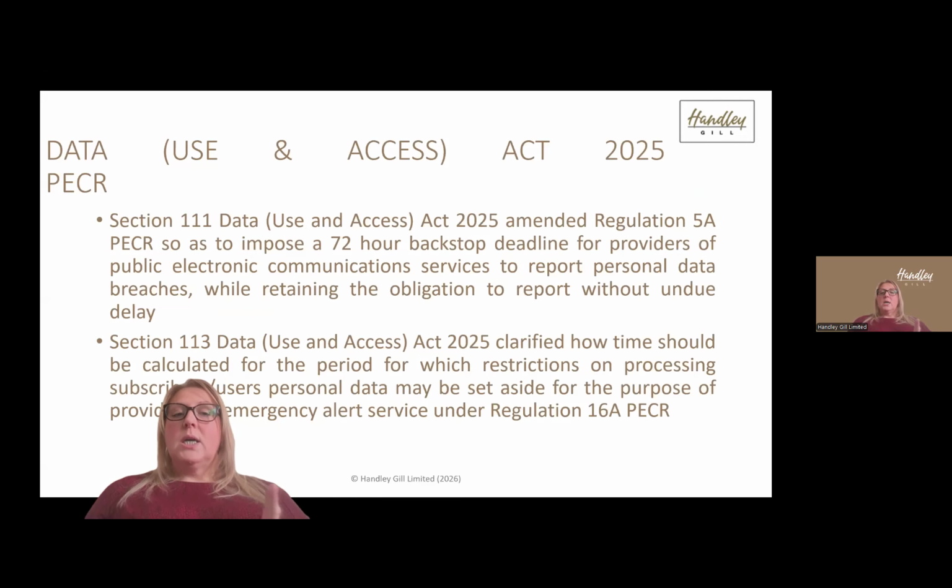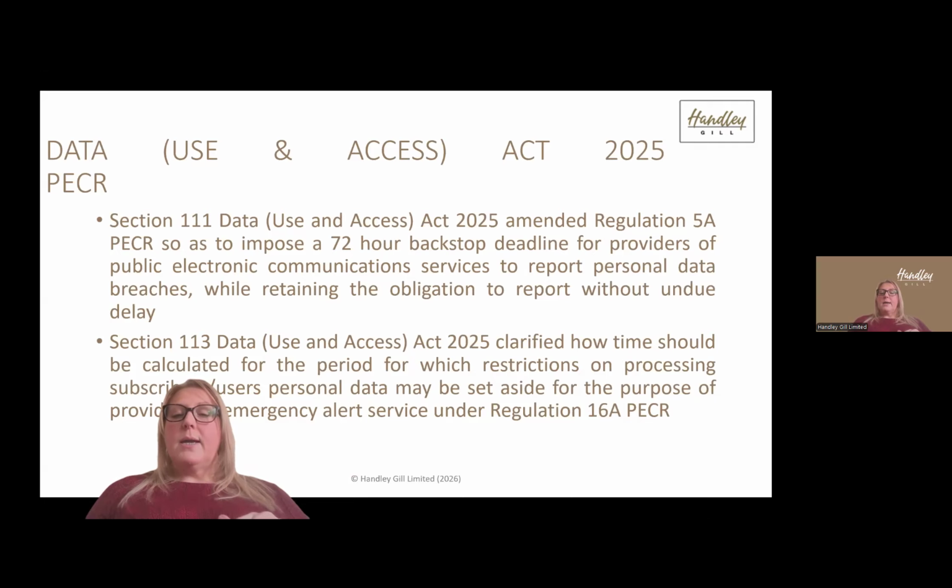Section 111 amends Regulation 5A of PECR so as to impose a 72-hour backstop deadline for providers of public electronic communication services to report personal data breaches, while retaining the obligation to report without undue delay. So essentially, the UK GDPR time limit for reporting data breaches has been imported into PECR for public electronic communication services providers.